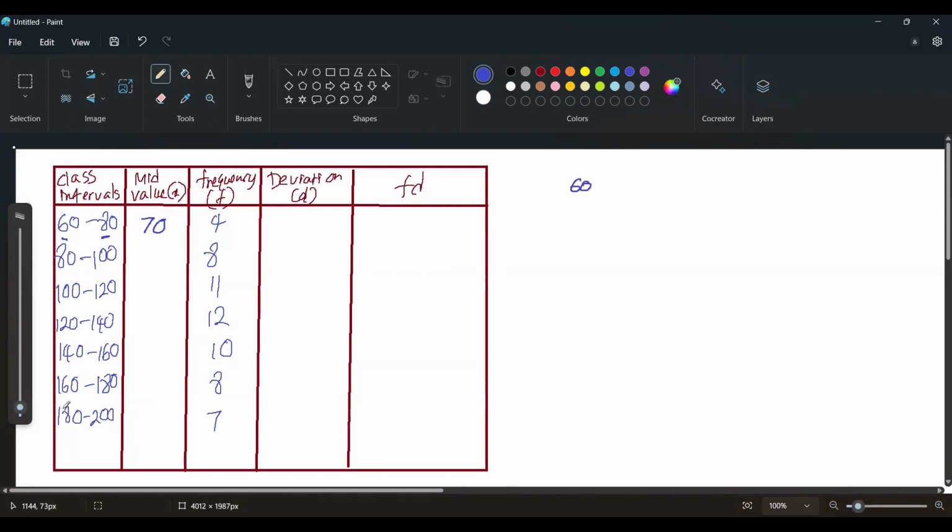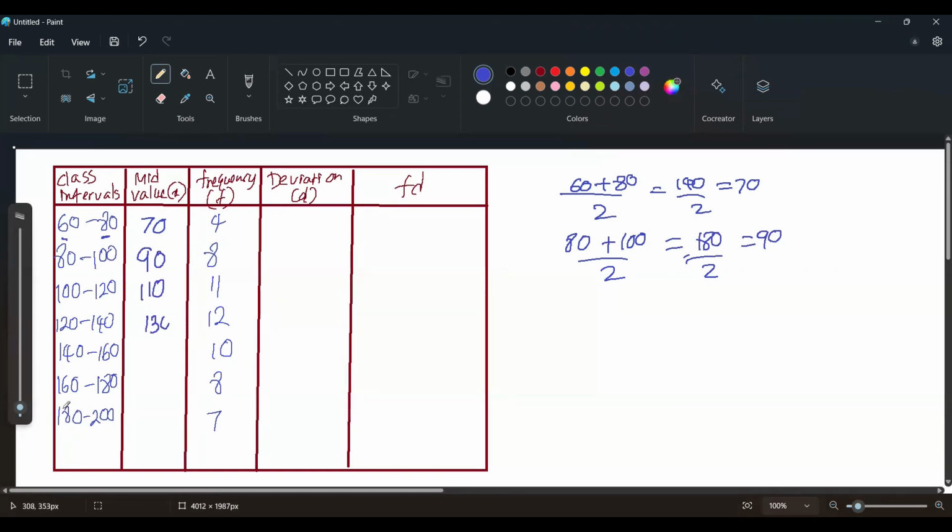Otherwise, 60 plus 80 is 140, divided by 2, it is 70. 80 plus 100 is 180, divided by 2, it is 90. Like that, you can take the middle values: 110, 130, 150, 170, 190. These are the mid values.